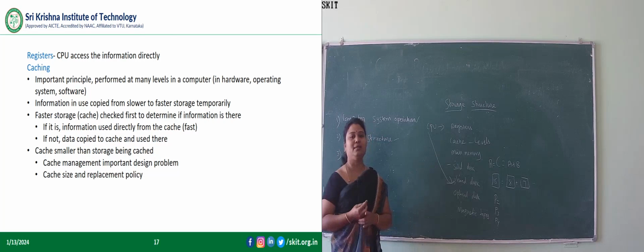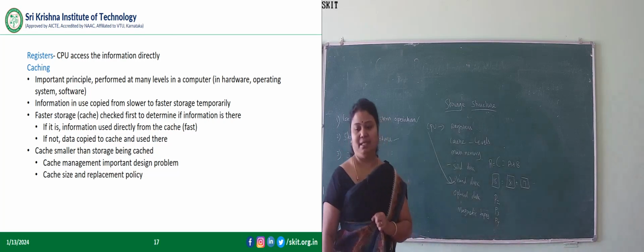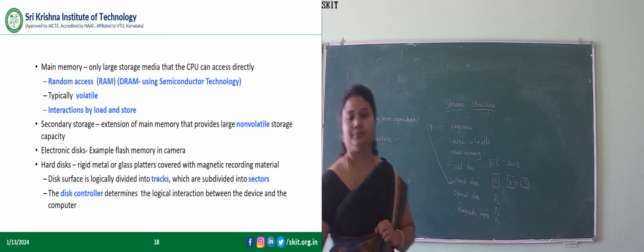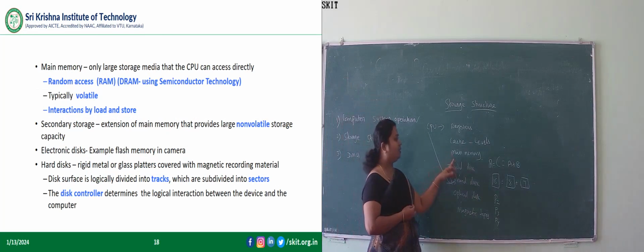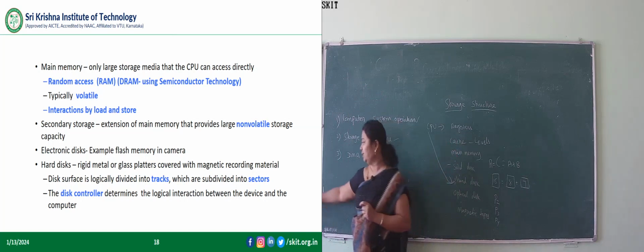Next we are going to see about the main memory. Among the volatile memories, we know that registers, cache memory and main memory are called volatile memories.